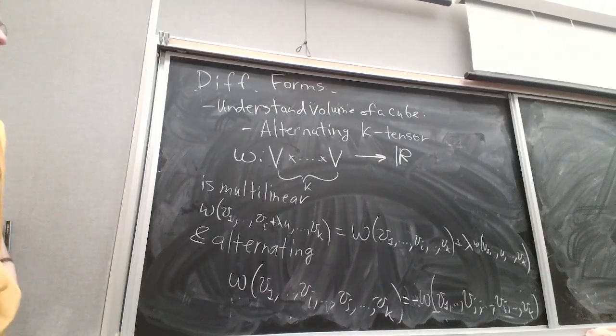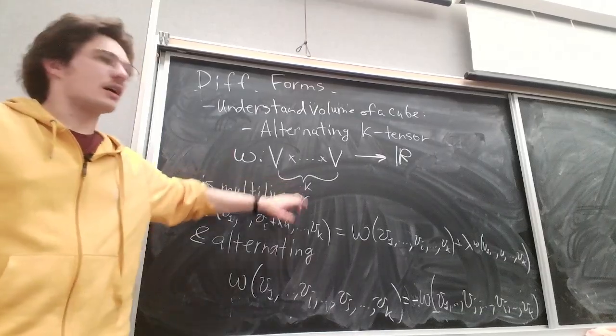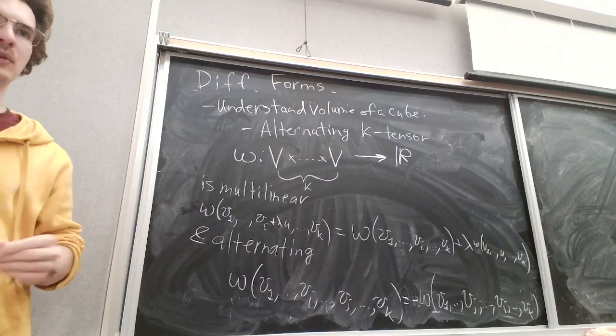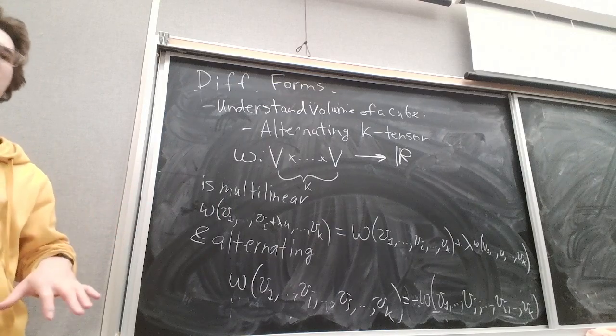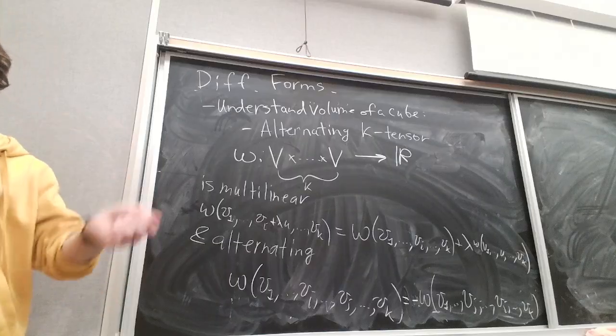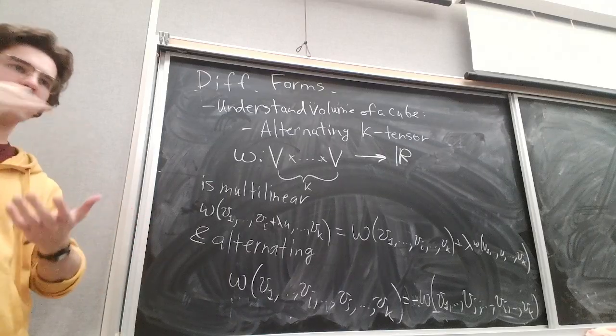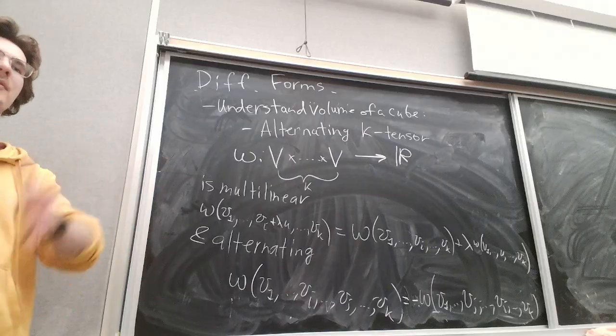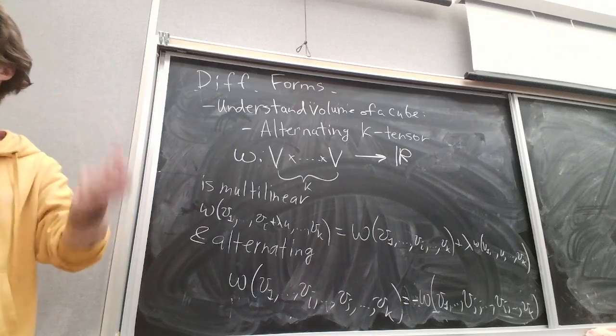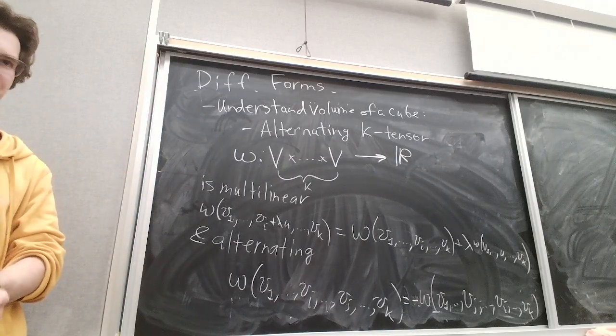And so, for example, a k-form will tell me something about k-dimensional volume. So a 1-form will tell me something about lengths of line segments. A 2-form will tell me something about areas of rectangles or parallelograms. A 3-form will tell me something about volumes of parallelepipeds, and so on. Does that make sense?